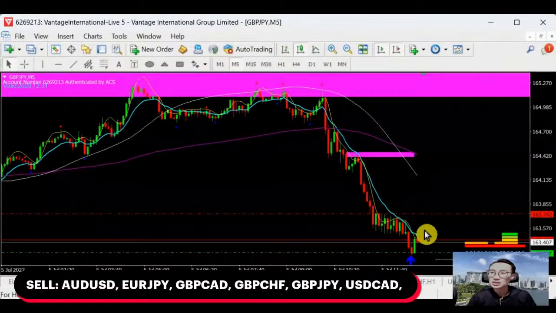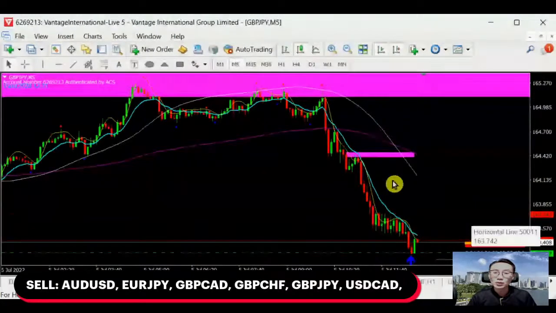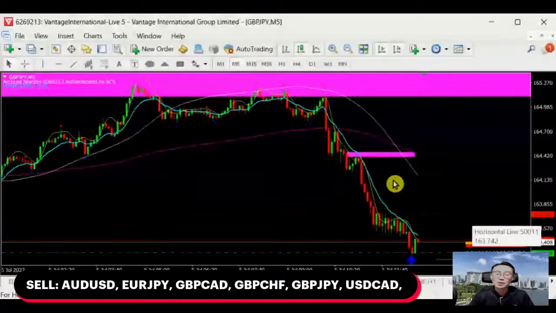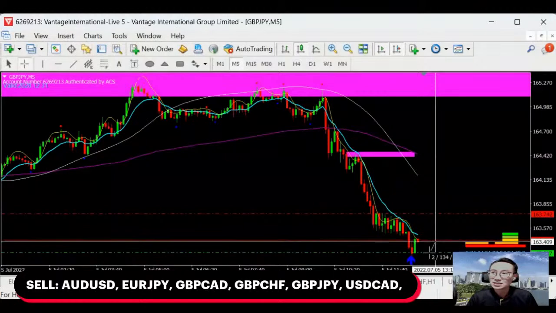It may come back to retest, go back to this resistance. If it's still holding well, then highly likely it will still come down to retest the support at this level. Then we will talk about breaking down. So now it's not okay. It will still be retesting this, which leaves us with about 13 pips. Not worth your risk anymore.